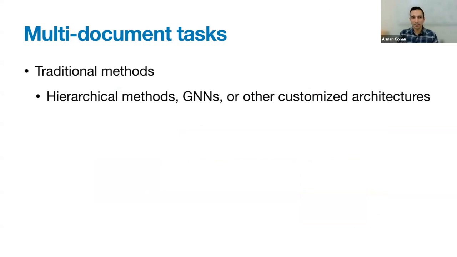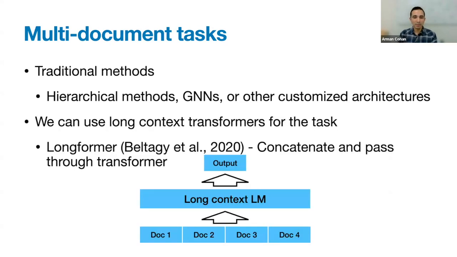The traditional methods, if you're familiar with the literature on multi-document or multi-hop modeling, usually use some sort of hierarchical methods, GNNs, or some sort of customized architectures. However, with long context transformers, for example, with Longformer, we found that you can just concatenate all the documents into a single long string and pass it through your long context transformer, and then it can solve the task for you. For example, it can generate a coherent summary for you.